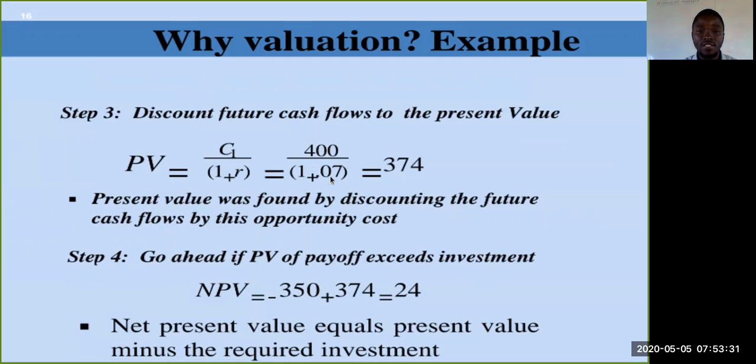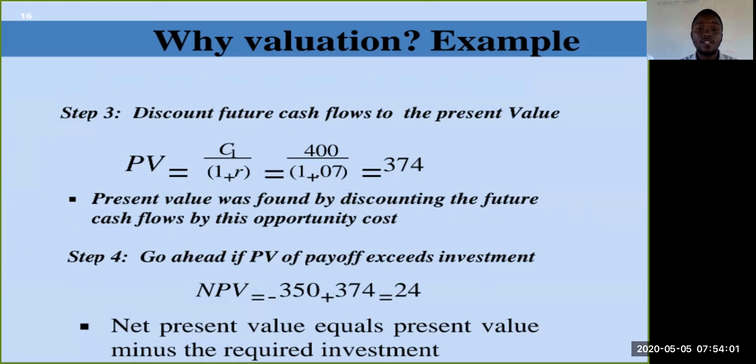And then where there's the interest rate, we had 7%, and converting it into decimal, dividing it by 100, we got 0.07. Then finding the calculation, we had 374 million kwacha at the end of the day. This is the present value of the 400 million that we are going to receive at the end of year 1.